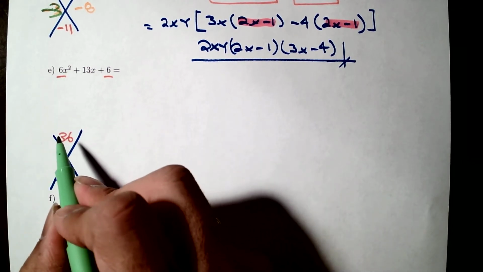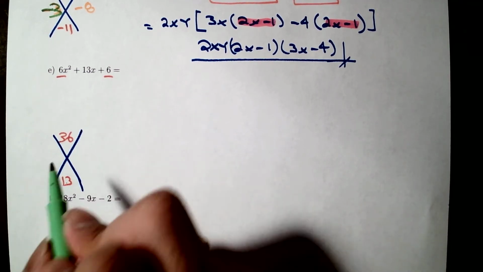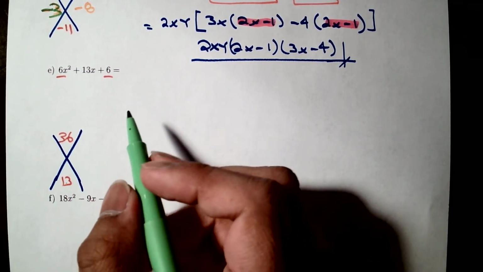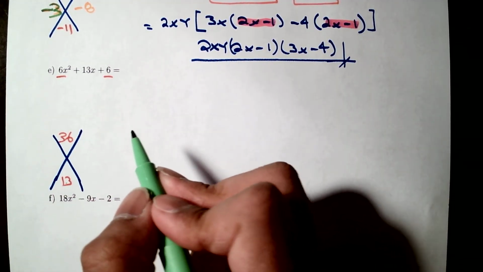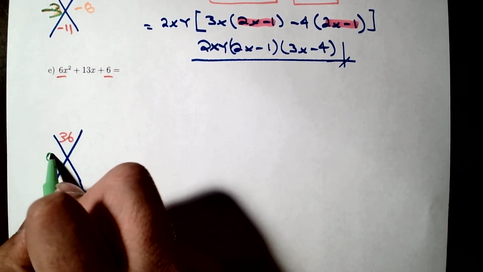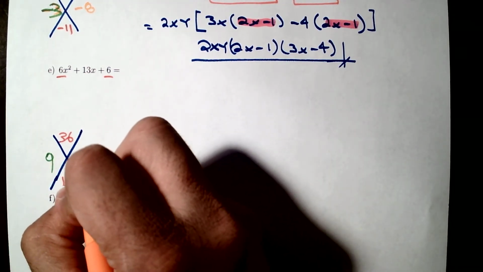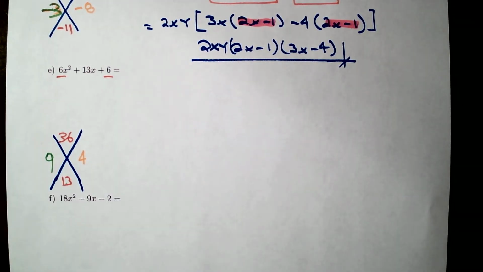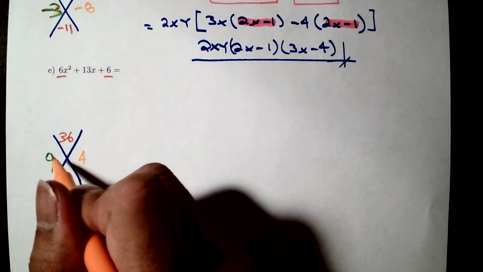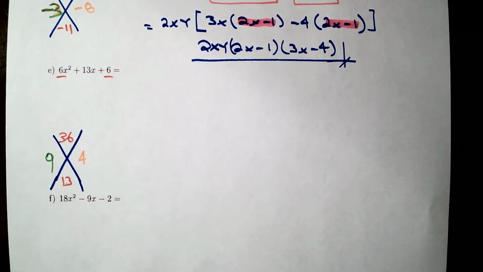So what about 12 times 3? Well, that's 36, but that doesn't add up to 13. 12 plus 3 is 15. How about 9 and 4? 9 times 4 equals 36, and also 9 plus 4 equals 13. So that's going to work.